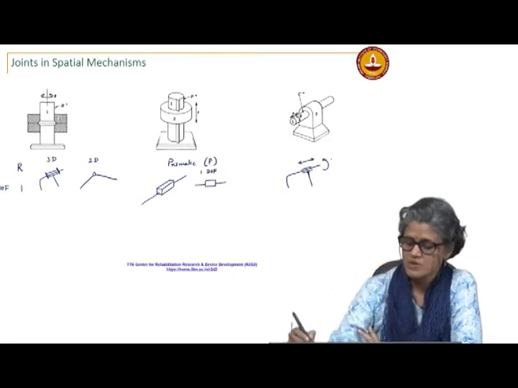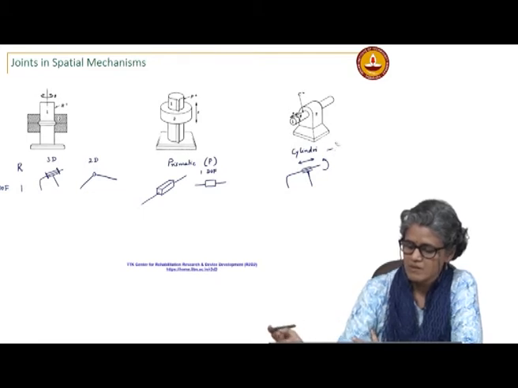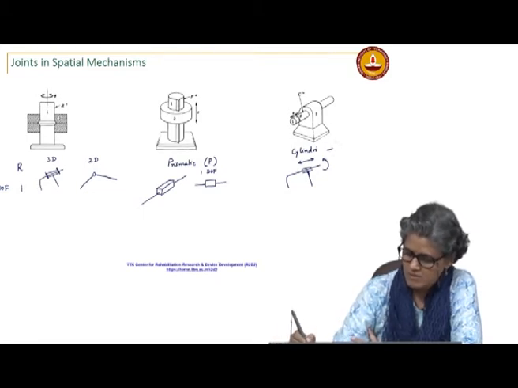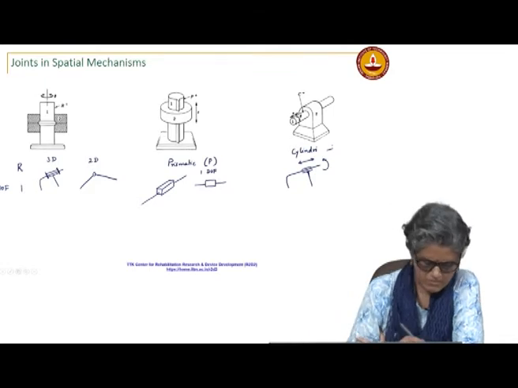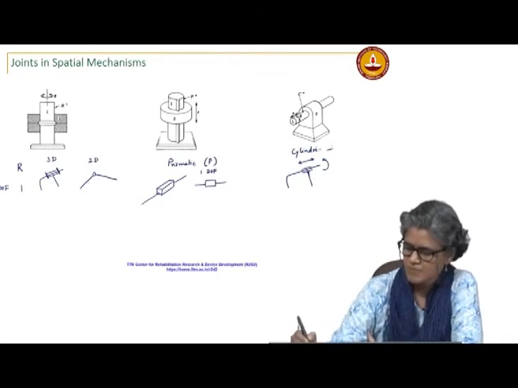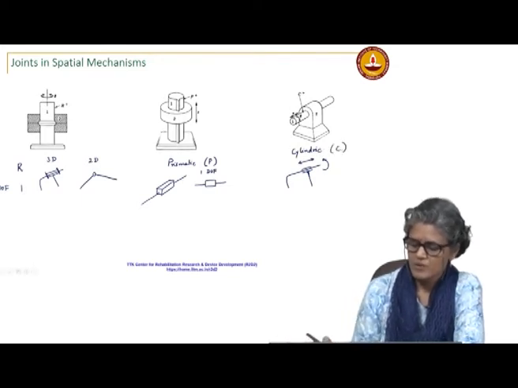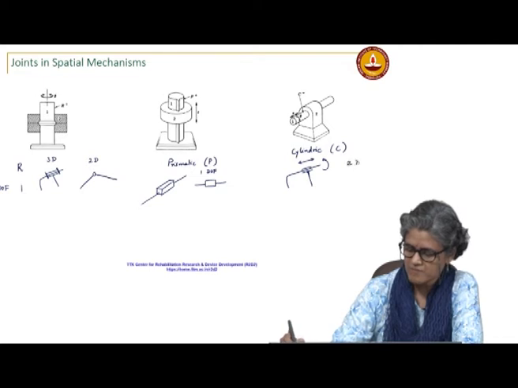So, it is a 2 degree of freedom joint. This is a cylindrical joint.